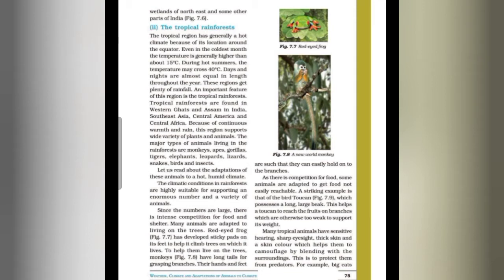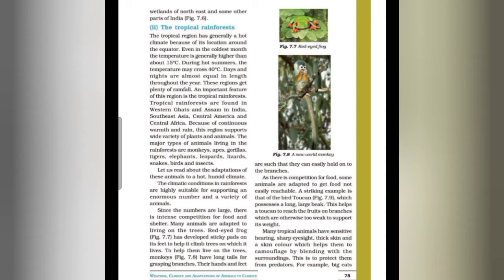The major types of animals living in the tropical rainforest are monkeys, apes, gorillas, lions, tigers, elephants, leopards, lizards, snakes, birds and insects. Since a large number of animals live in these forests, there is intense competition for food and shelter. So now let us study the adaptations of some animals living in the hot and humid climate of the tropical rainforest.